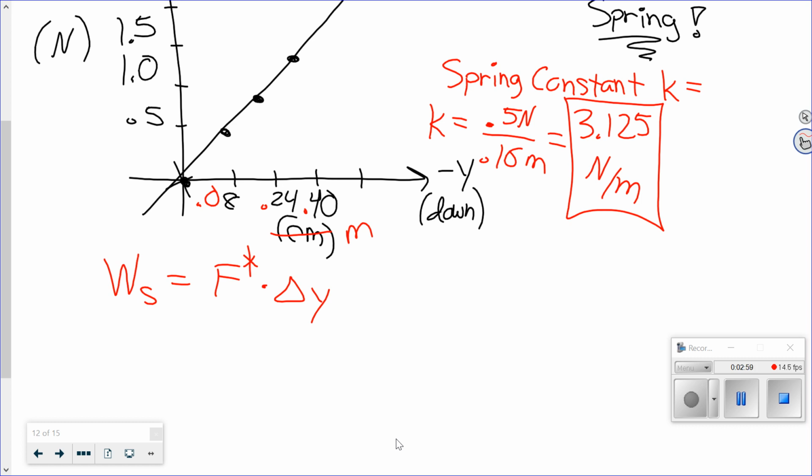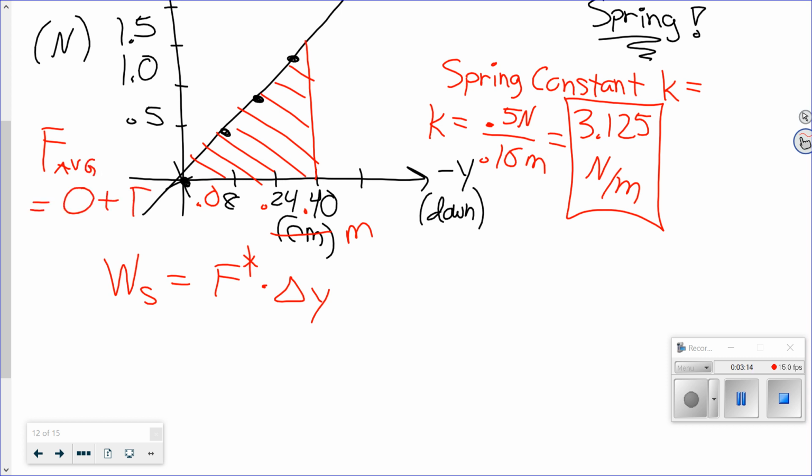So what we have to do is symbolized, Isaac Newton realized, by the area under the curve, but it's also just use the F average. Your average force is 0 plus your final force divided by 2, because it changes at a constant rate.